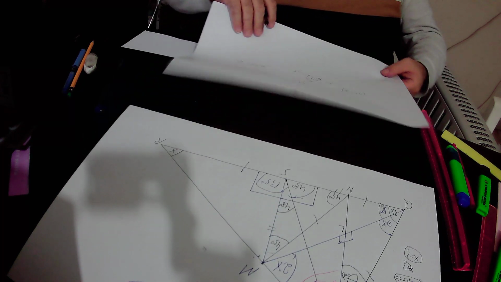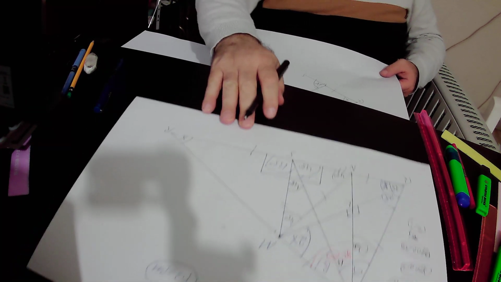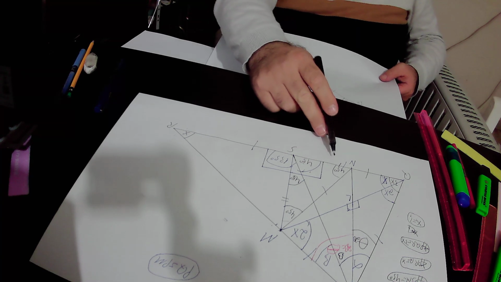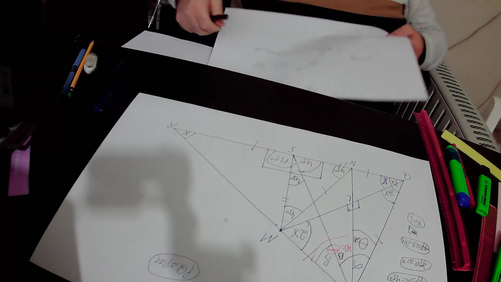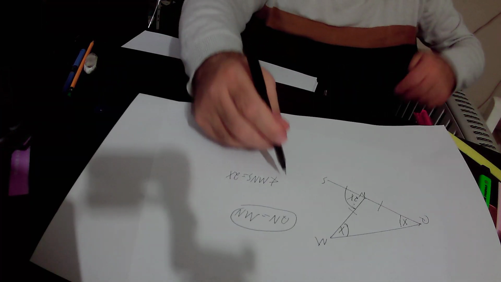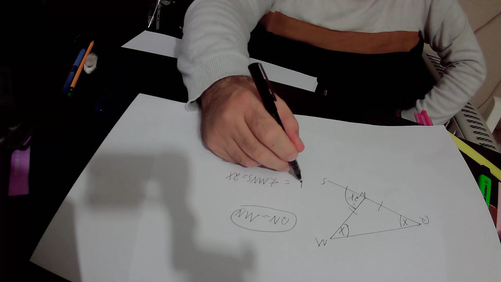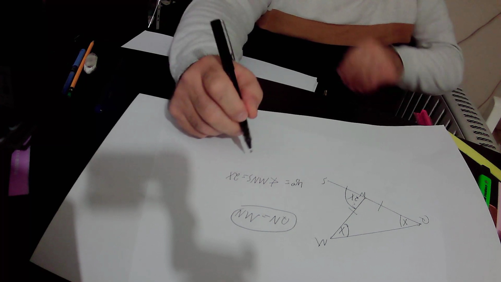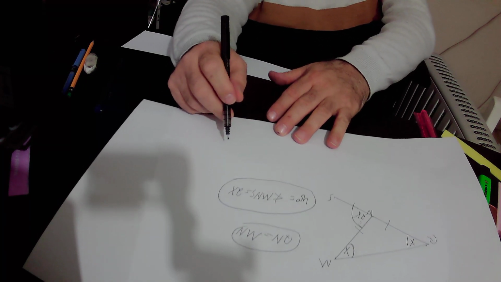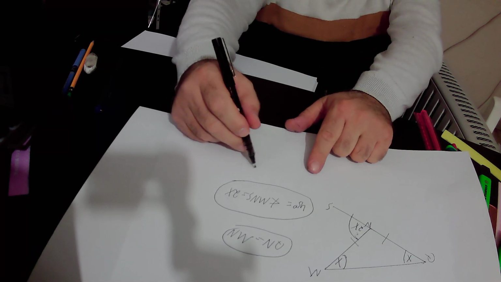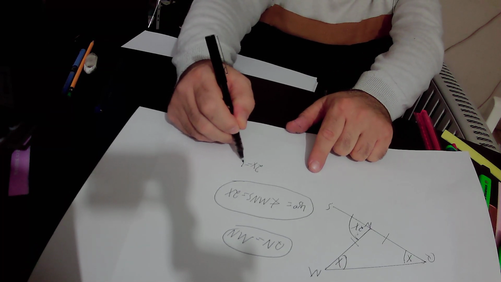but we have already found out that angle MNS, you can see from the drawing, equals 45 degrees. So we can write here that angle MNS equals 45 degrees. And from this equation, we will conclude that 2x equals 45 degrees.